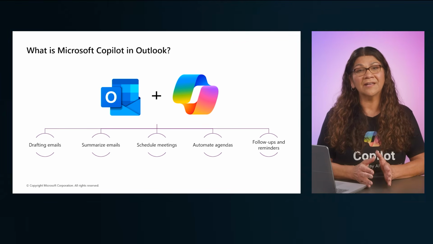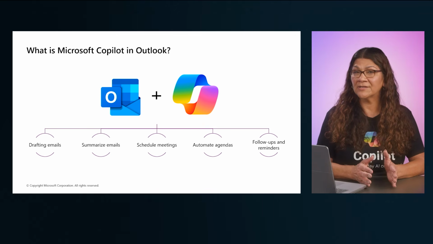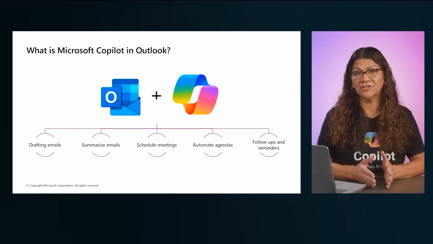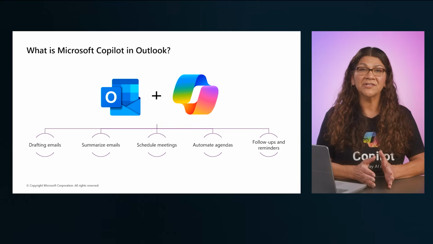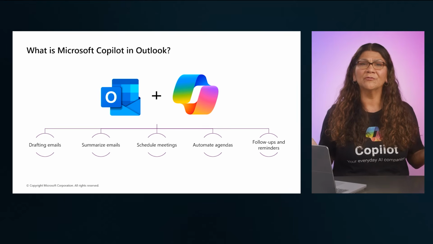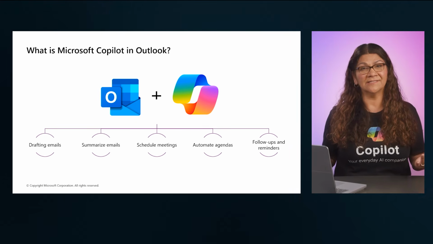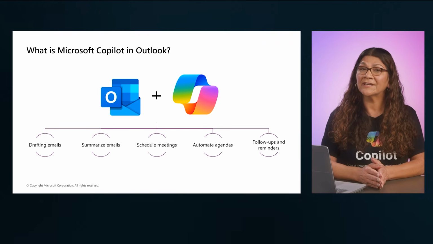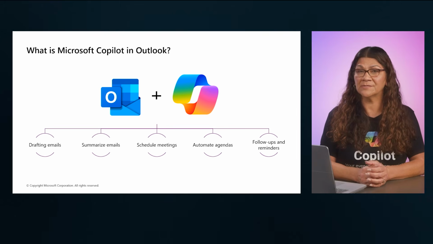To bring this to life, imagine you're a project manager in a multinational corporation juggling multiple projects, stakeholders, and time zones. Your inbox is overflowing, meetings are constant, and it's easy to lose track of key details and action items.